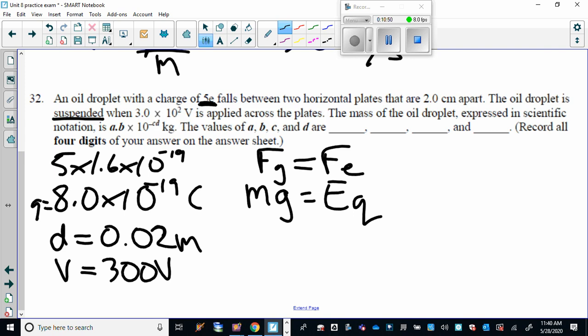So M is going to end up equaling VQ over DG, right?